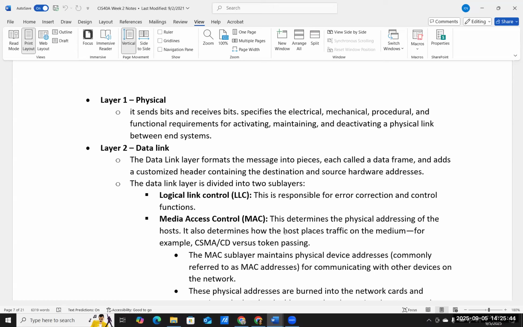So anytime that your system sends and receives bits, that's layer 1, okay? Now, layer 2, this is when it's linking. So the data link is established here. And so it needs to see itself as an entity inside that part of the network, right?